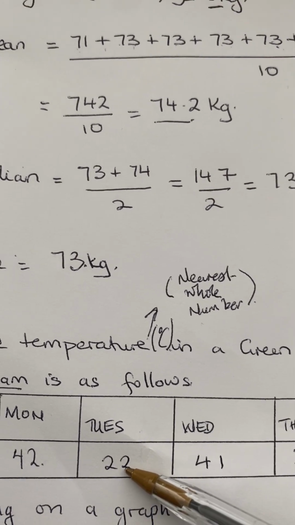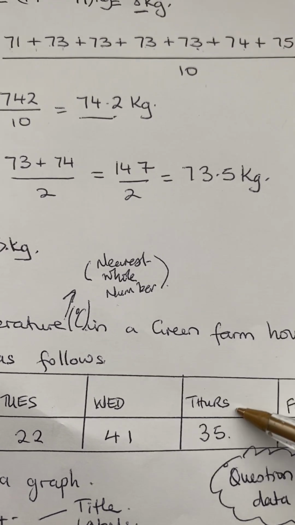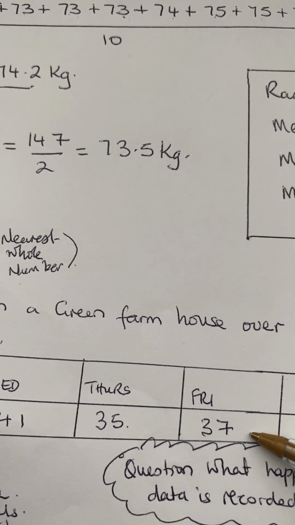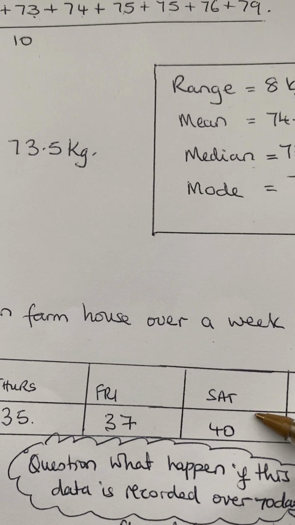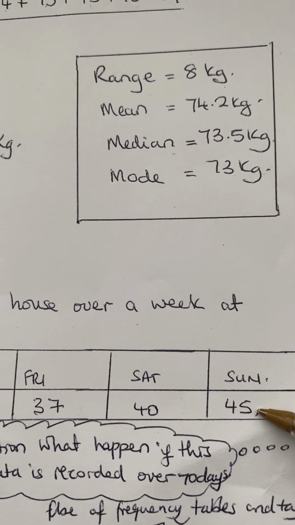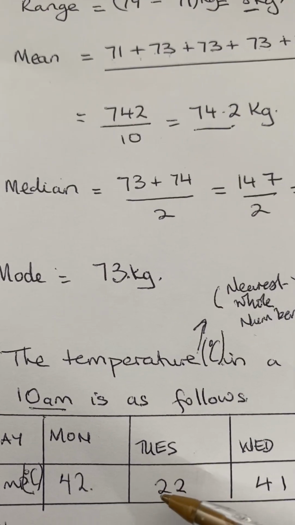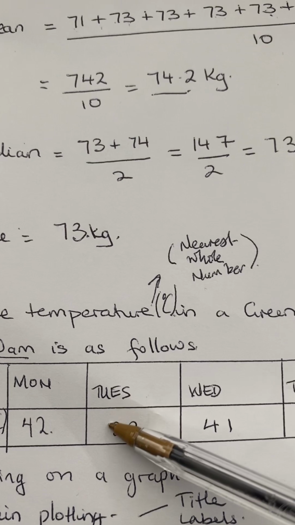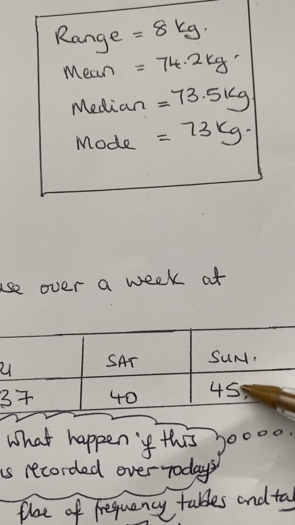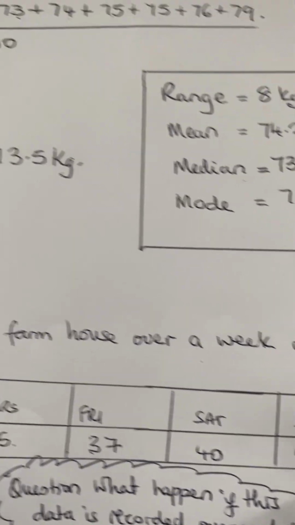Tuesday 22, Wednesday 41, Thursday 35, Friday 37, Saturday 40, Sunday 45. So even if we want to find the range, it is the lowest and the highest, taking the difference between the lowest and the highest.